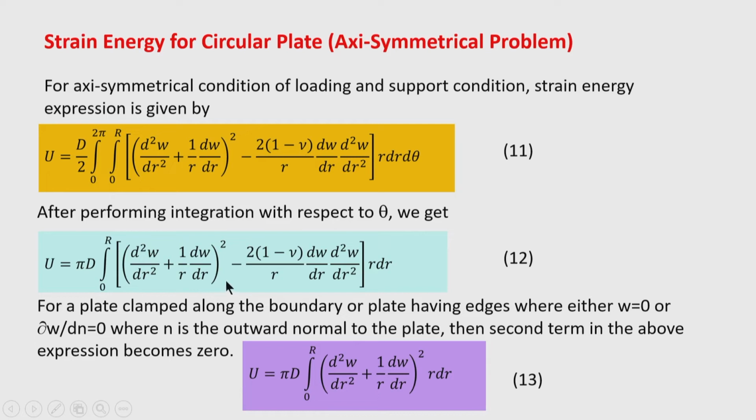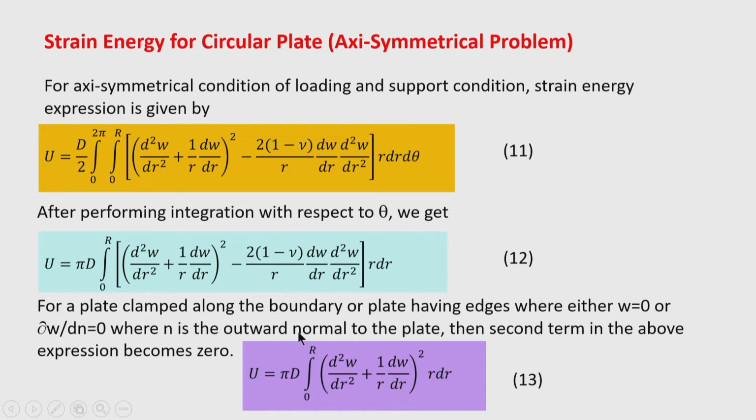Then the second term in the above expression vanishes. So, in case of a plate which has a supported boundary, we can write the strain energy expression for the plate as πD ∫ from 0 to R (d²w/dr² + (1/r) dw/dr)² r dr.